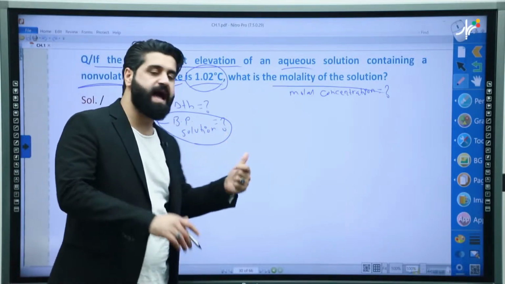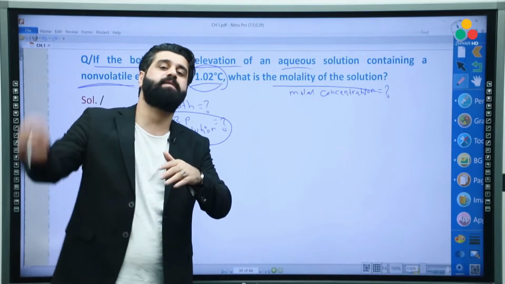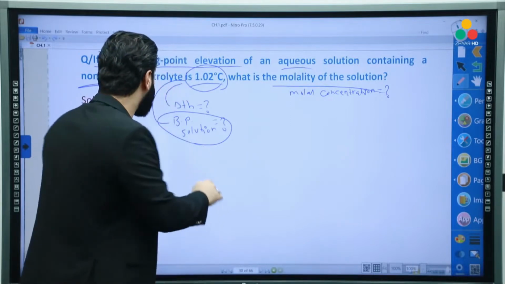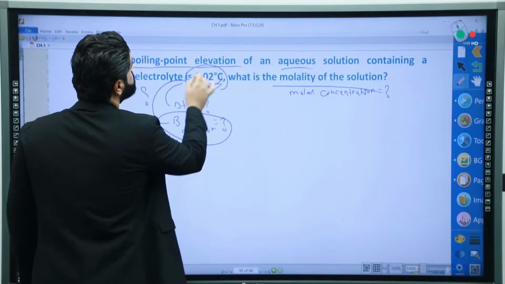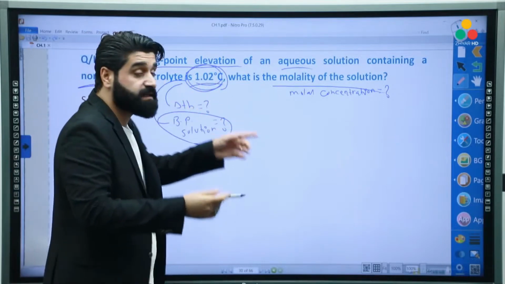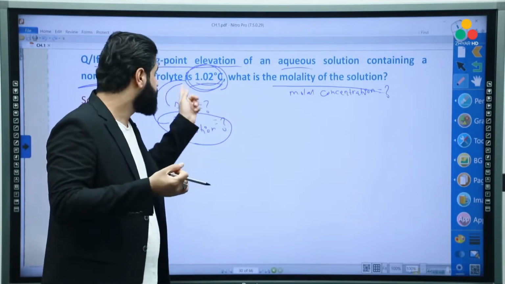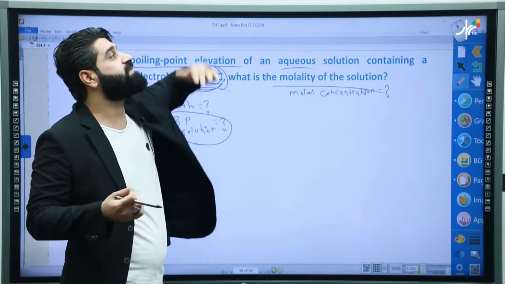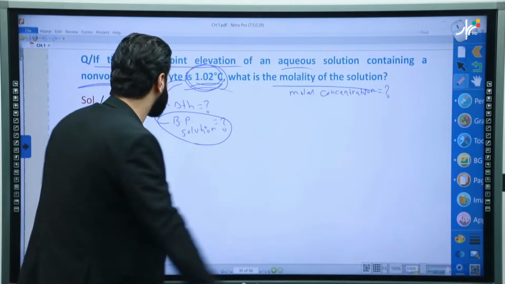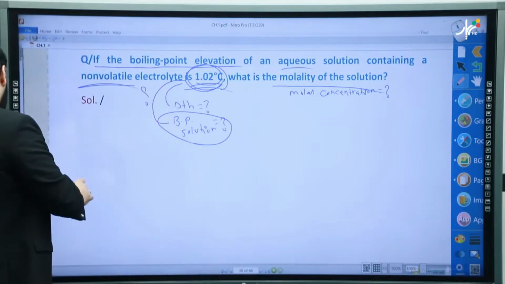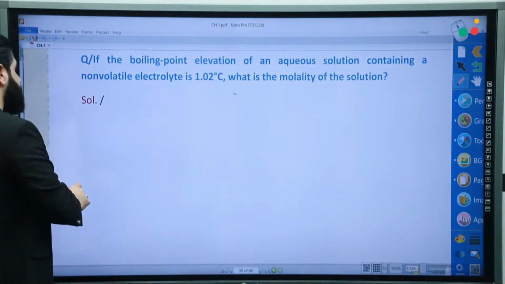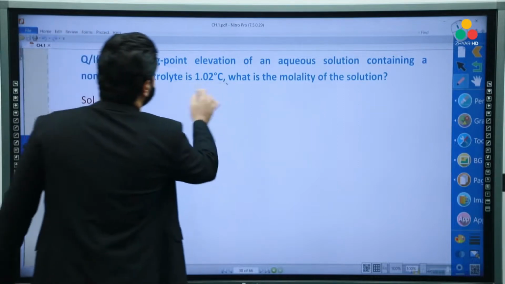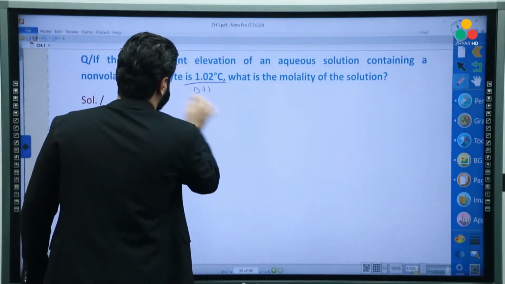But now we have only 1.02. So that means it's elevation, it's delta TB. If the number is small, it's delta TB. If the number is bigger than 100, it means it's boiling point of solution. That's why, without any doubt, I can say it's delta TB.